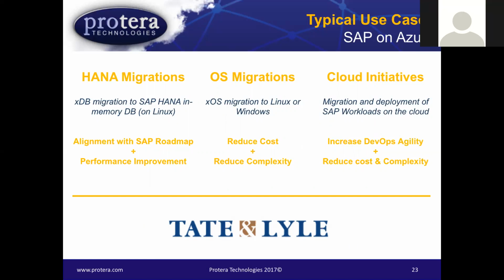So this year, Tate and Lyle came to us with their SAP systems moving to cloud, wanting to capture the savings and the agility that cloud provides, as well as going to HANA. That, as well as moving operating systems on SAP that are currently on premise, to the cloud also.